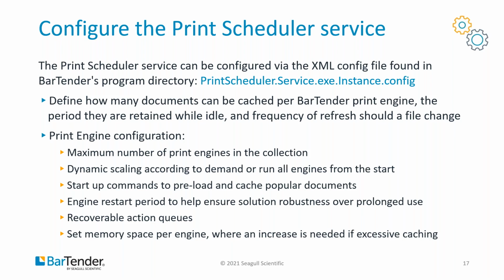With dynamic scaling, BarTender print engines will be spawned, will be launched only as and when demand requires it. So if printing demand is very low, then only 1 or 2 print engines will be launched. If demand is very high, then it will launch or spawn additional print engines up to the maximum.